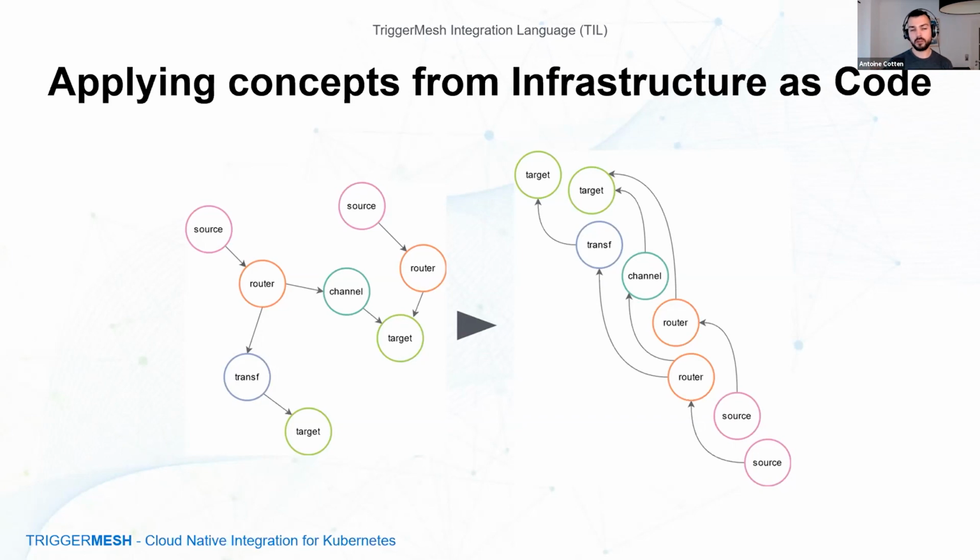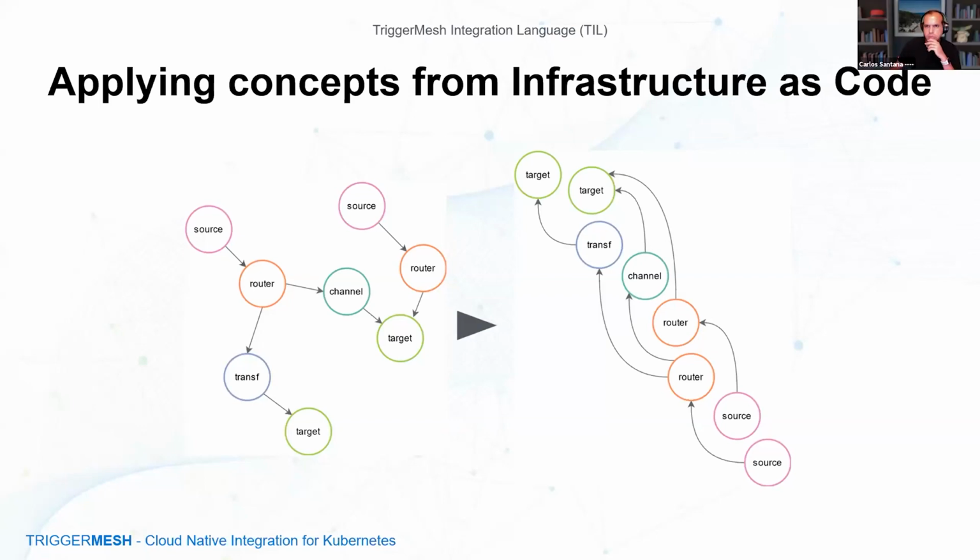We also are able, doing this, to understand the data flow within the entire system ahead of the actual deployment. So we can report potential errors to users before the system is even deployed to Kubernetes, using some static analysis.